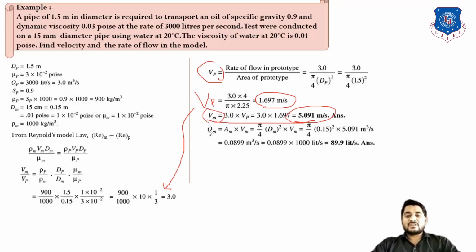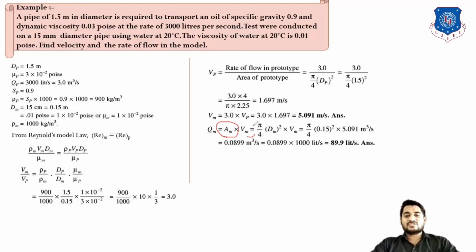Next, we have to find out Qm, the discharge through the model. Discharge through model is equal to area of model into velocity of model, that means pi by 4 d square of model into velocity of model. So we can find the discharge. First we will get discharge in meter cube per second, 0.0899 meter cube per second.